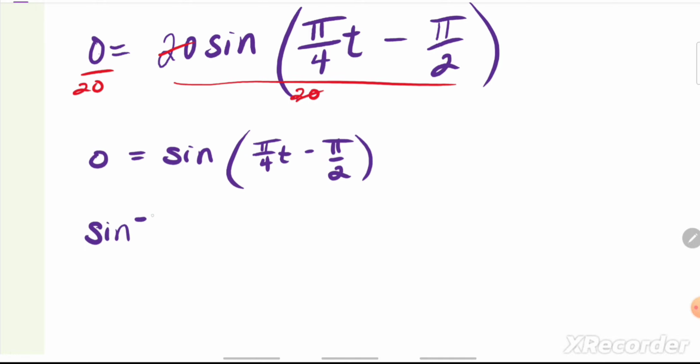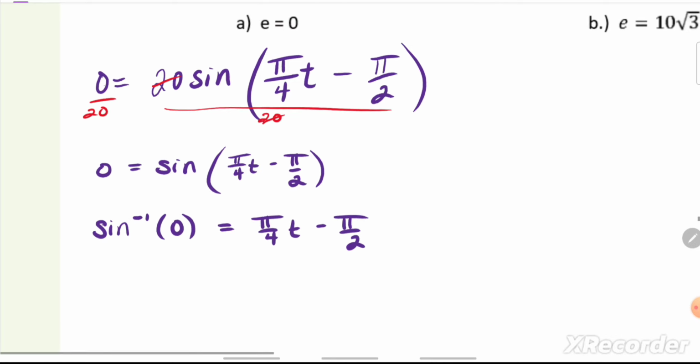This becomes sine inverse of 0 equals pi over 4t minus pi over 2. Now we want to find where sine is equal to 0, and our directions said we want the smallest positive time. So let's find the smallest positive place that sine is 0.